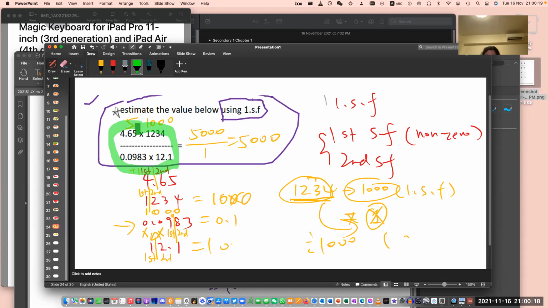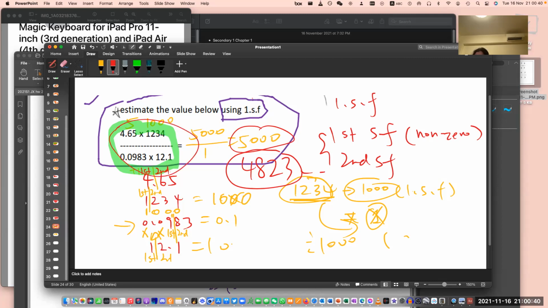Okay, 48 something. So it's 4823. So if you do the estimate of this, you get 5,000. Compare that to doing it using your calculator.